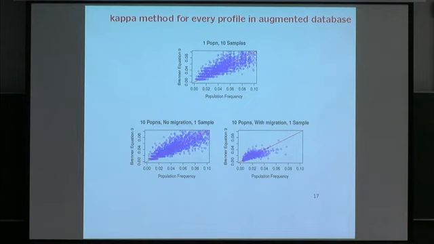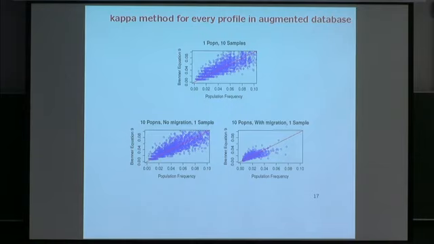I've done some simulations, and this is the frequency in a population from which I drew a sample. Here's what Brenner would tell me I would expect to find in the population, and we get some scatter around the equality line until I put migration between the populations I simulated.